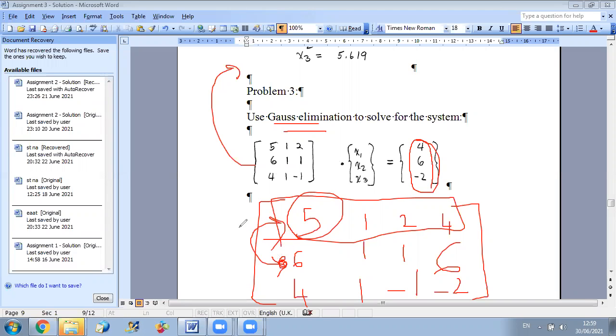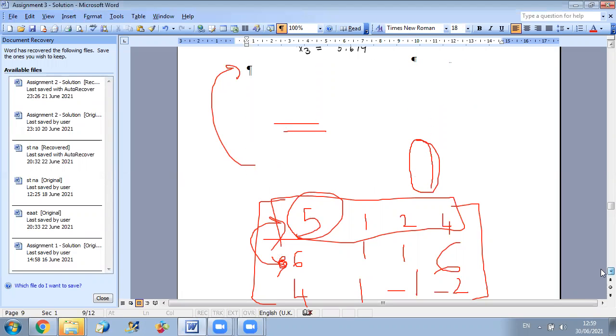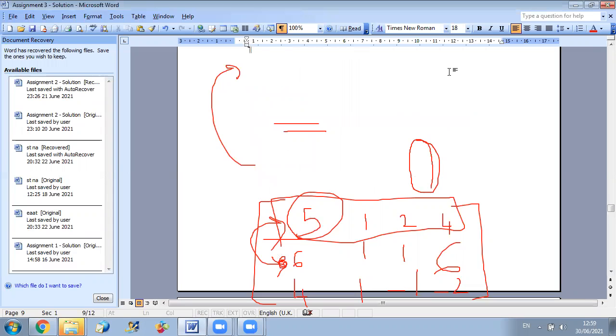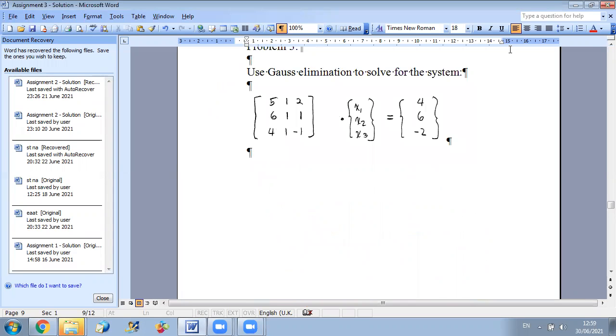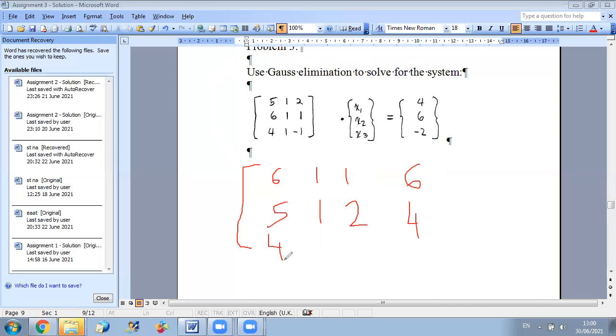So in the first step I do pivoting of these two. My new augmented matrix, which I will work on, is 6 1 1 6, 5 1 2 4, and 4 1 minus 1 minus 2.